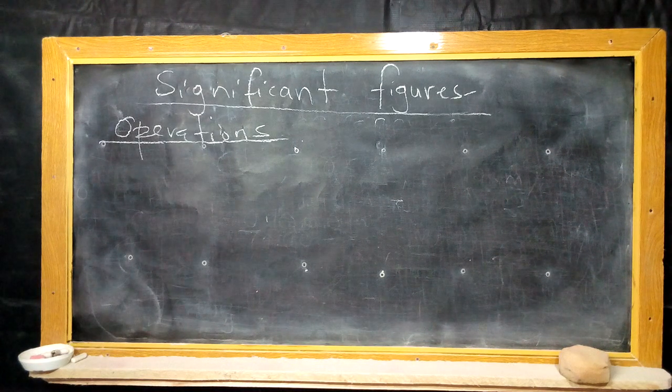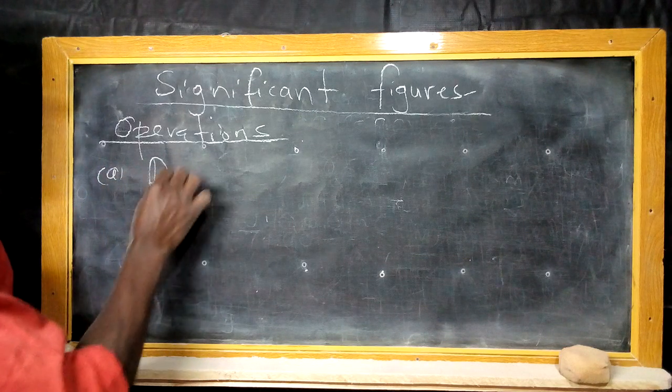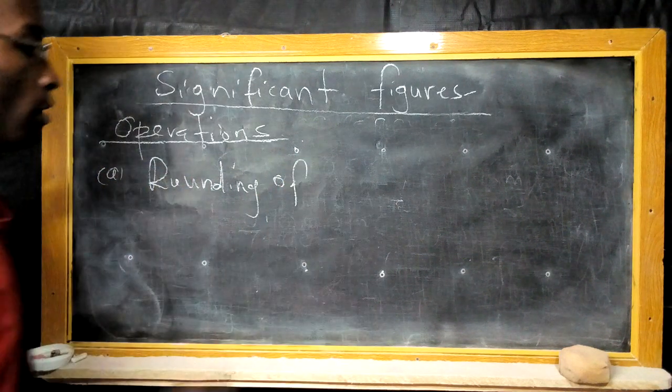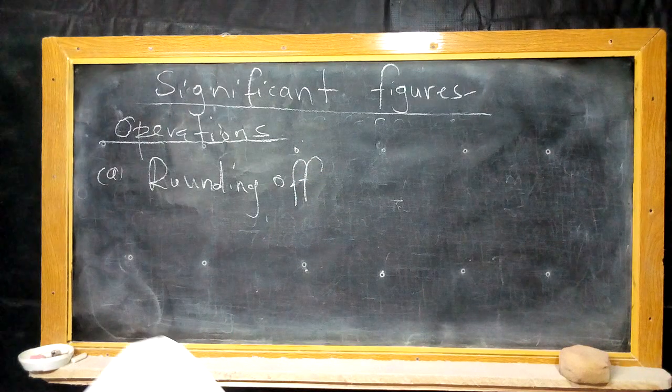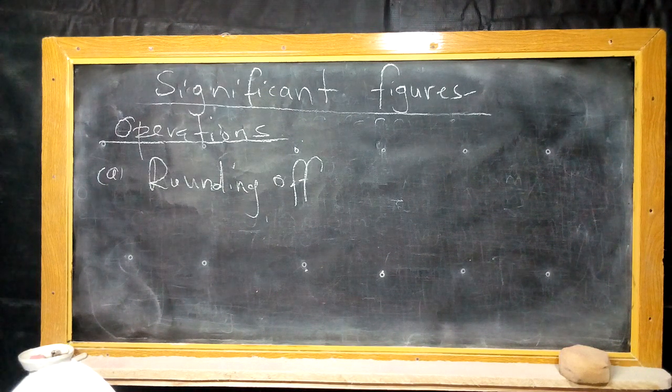If we look at the first one, there's this concept of rounding off of some measurements. In that case, the first digit to the right of the last significant figure, if it is bigger than 5, is rounded off.